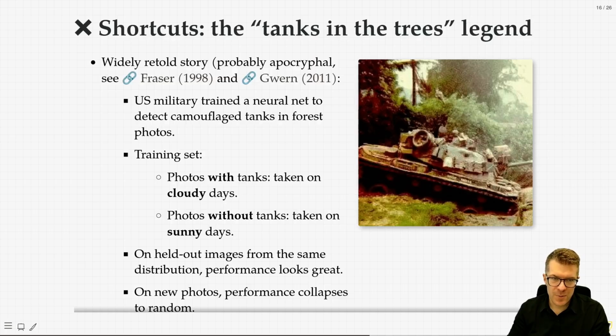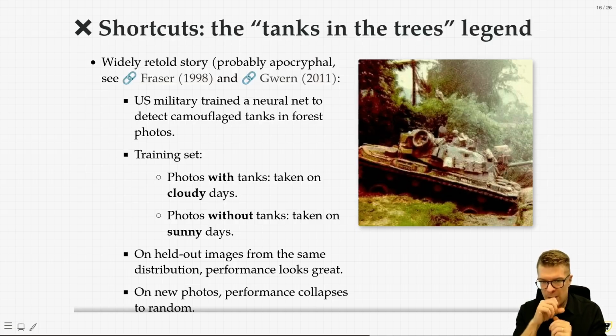in the wild. So the idea here was that the US military trained a rudimentary neural network on images of tanks to basically try to identify camouflaged tanks in forest photos. I've heard a couple of different instances of this story, which indicates that this might be apocryphal.